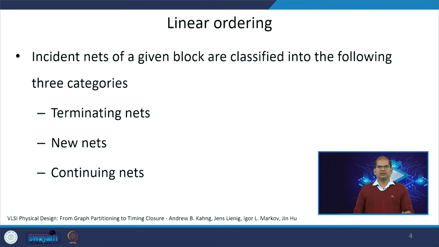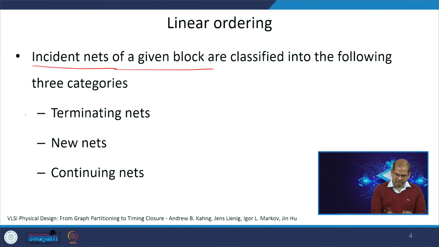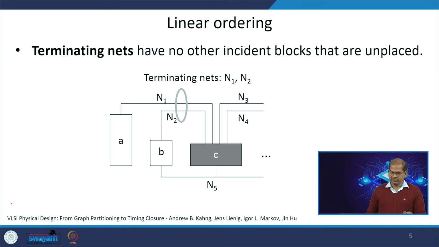There are some terminologies used in linear ordering. There are three types of nets: one is called the terminating net, one is called the new net, and the third one is the continuing net. What is the difference between each of them? We will discuss with one example. Terminating nets have no other incident blocks that are unplaced.